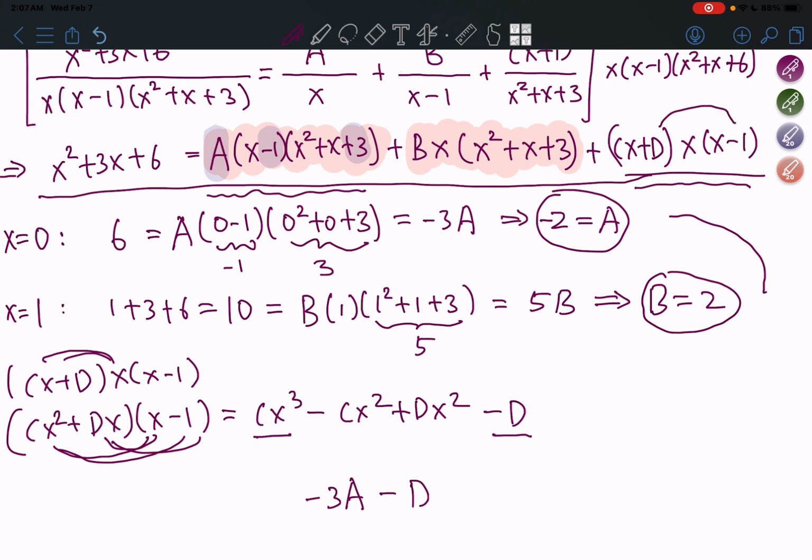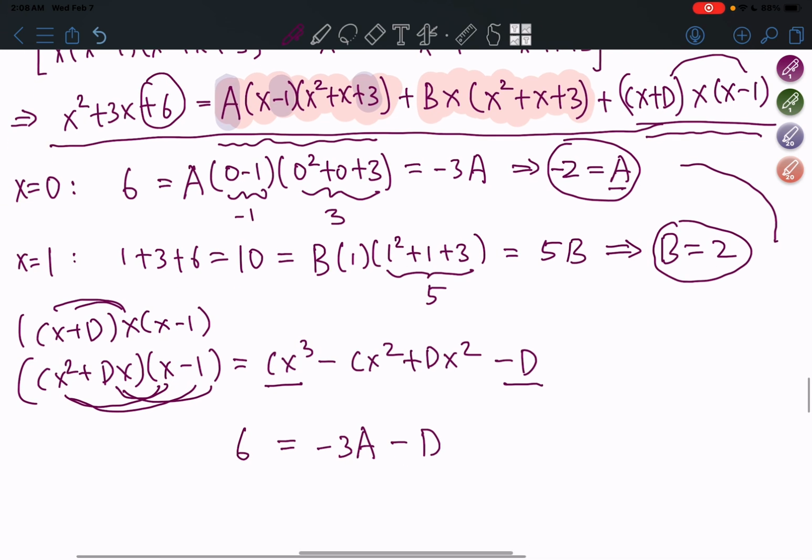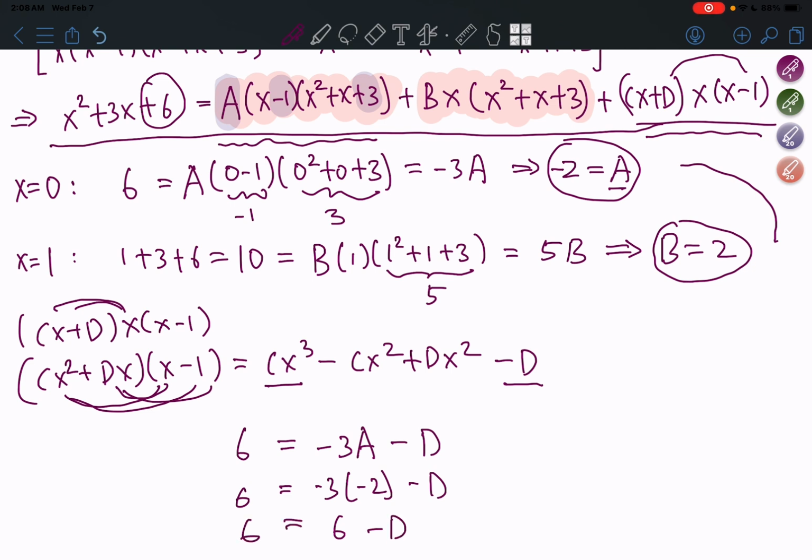That's the only way you're going to get constant terms. On the left-hand side is 6. Well, what do we know? a is already negative 2. Negative 3 times negative 2 is already 6. So 6 minus d equals 6, which means d is equal to 0.